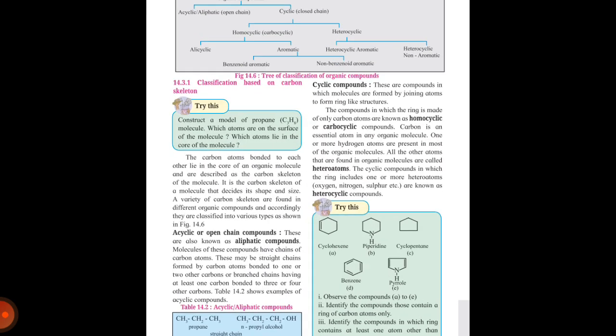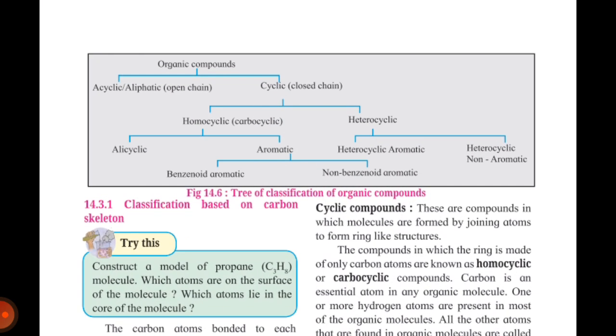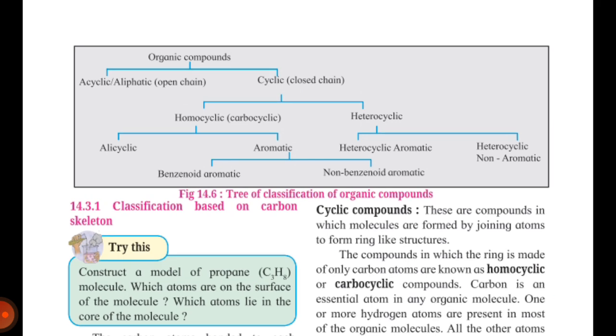Organic compounds are classified into acyclic or aliphatic, which are open chain, and cyclic, which are closed chain. The cyclic closed chain is classified into two types: homocyclic or carbocyclic, and heterocyclic. Homocyclic is classified into alicyclic and aromatic. Aromatic is classified into benzenoid aromatics and non-benzenoid aromatics.